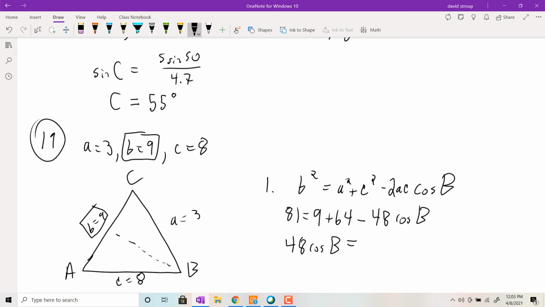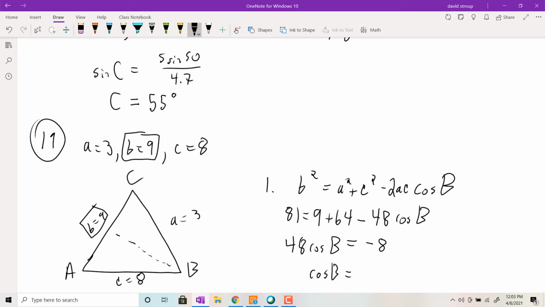Yeah, I think it's 8. Let me check. 9 plus 64 minus 81. Yeah, negative 8 actually. Is it negative 8? Yeah, it's going to be negative. Okay, divide both sides by 48.